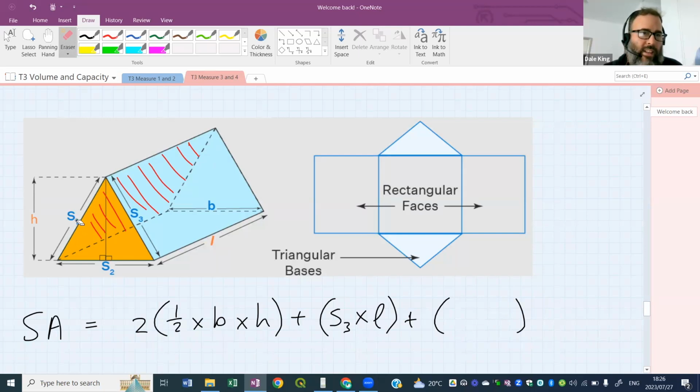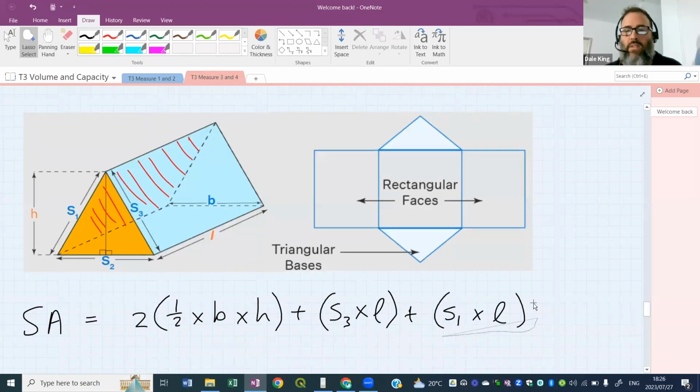Yes, that would also be the width or the breadth, but they're calling it S1. Whatever they call it, that's what I'm going to put in. So I'm going to say S1 times length. You with me? Yes, I get you. What's the last bracket going to have inside it?